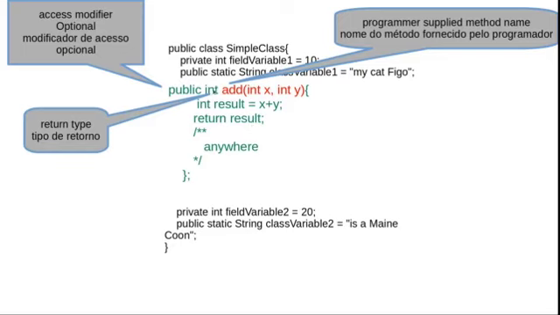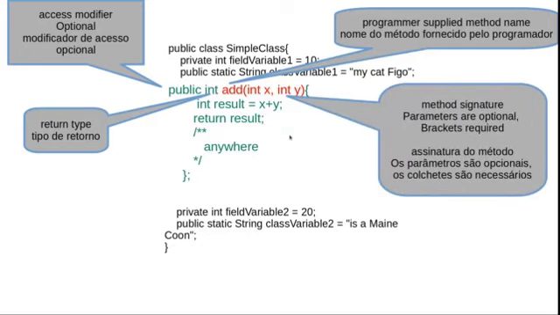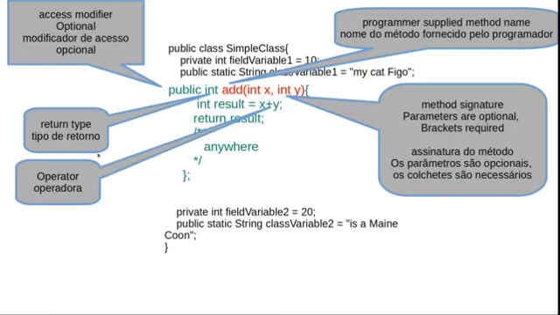That's why I'm indicating an int there. Like I said, this part here is known as the method signature, and the parameters are optional. This here is an operator, which means plus. You could have had minus, divide, and so on. We'll look at operators as we progress through the course.